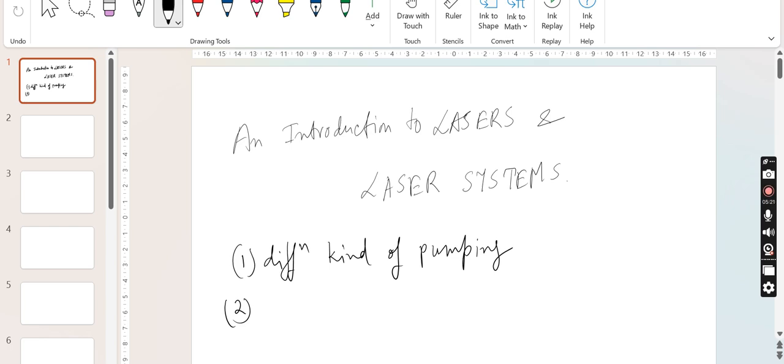Second is basically what is the problem with 2 level, 3 level, and 4 level. No, there is no problem with the 4 level laser system. Basically, why we need a 4 level laser system.